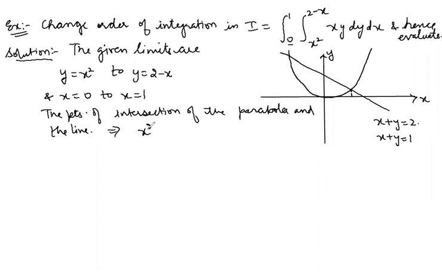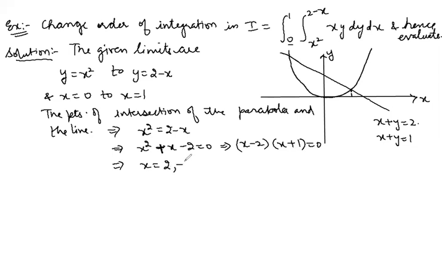This implies x square is equal to 2 minus x, or x square plus x minus 2 is equal to 0. Making the linear factors, it is x minus 2 into x plus 1. I have used the rule of the sum and product of roots and made the factors directly. So from here, I will get x is equal to 2 and x is equal to minus 1.